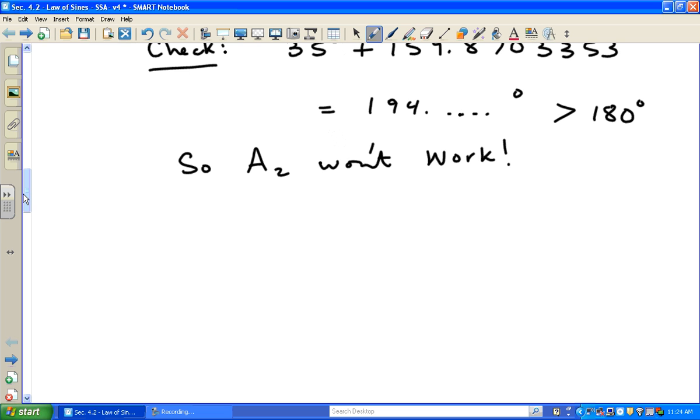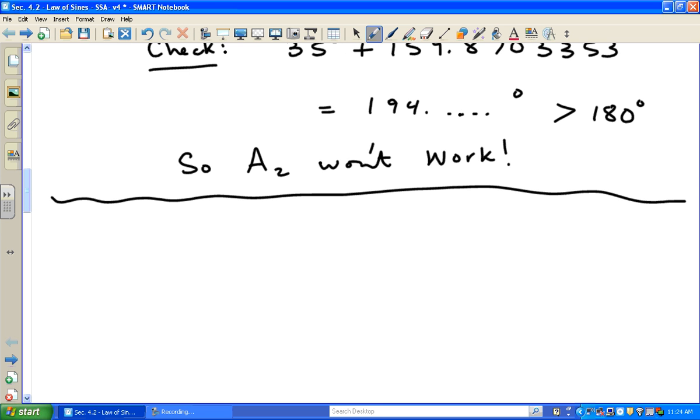So what we'll do is take the information that we had. We'll say A sub 1 was the value 20.1296647, and we'll go ahead and solve for the rest.